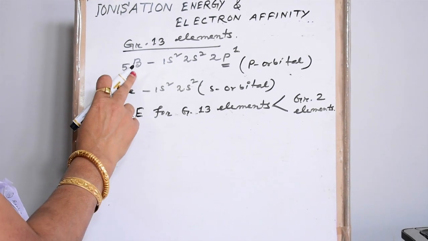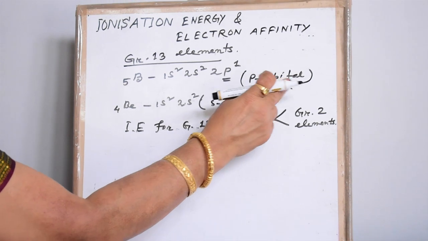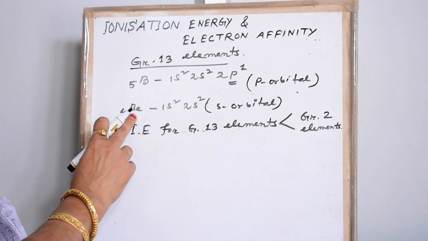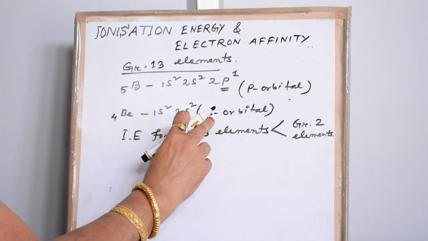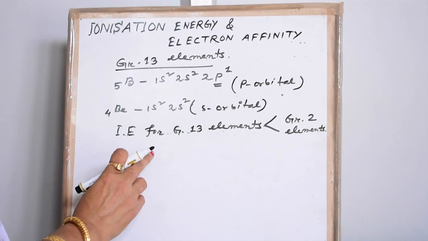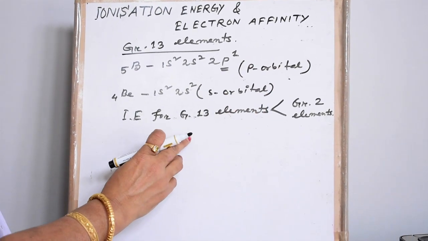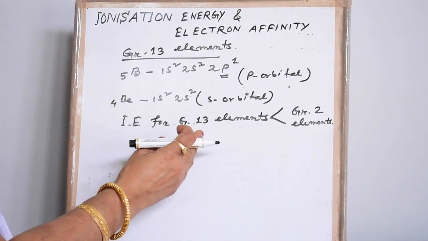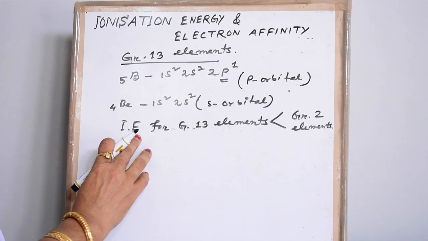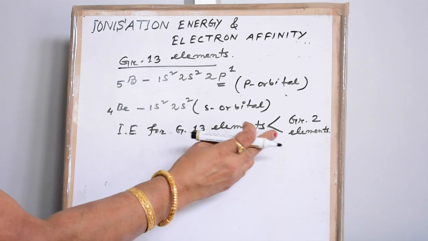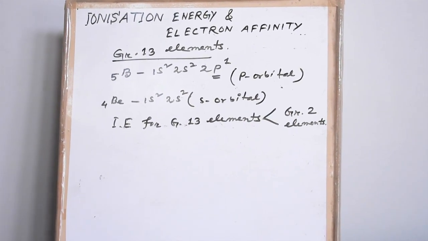In the case of boron, which is a group 13 element, the last electron is in the p orbital. In the case of beryllium, the last electron which we have to remove is in the s orbital. So the p electron is easier to remove than the s electron. As a result, the ionization energy for group 13 elements is less than that for group 2 elements.